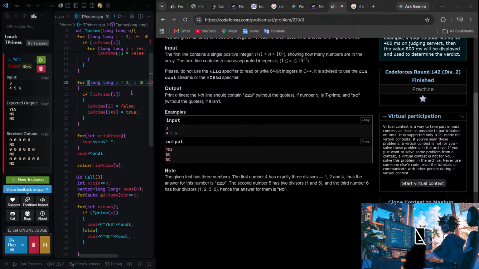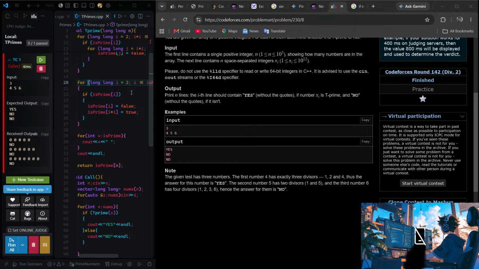I will see 2 is there. And I know that 2 is a prime number. So the square of 2 will never become a prime, but the square of 2 will become a T-prime.